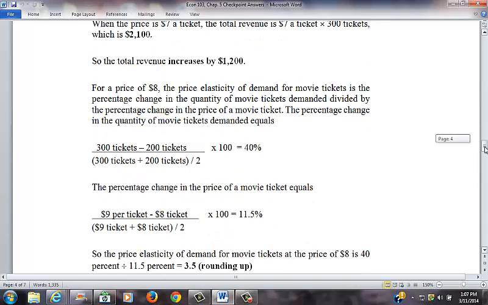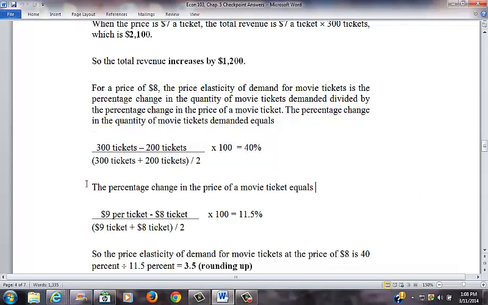For the price of $8 a ticket, the price elasticity of demand for movie tickets, same formula, is the percentage change in the quantity of movie tickets demanded divided by the percentage change in the price of a movie ticket. The percentage change in the quantity of movie tickets demanded equals, same formula, and you should come up with 40%.